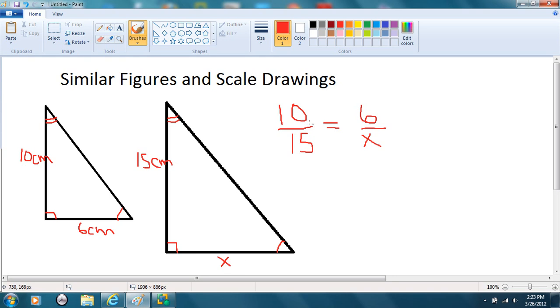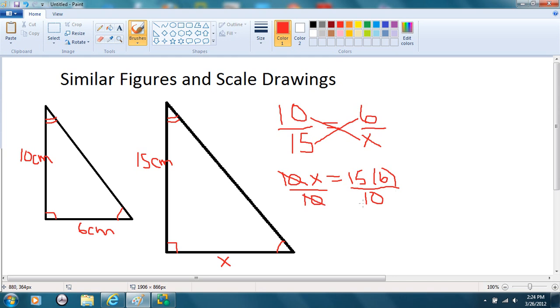I can use what we call cross products to figure this out, which we learned the other day. So I can do cross products, and I can go 10x is equal to 15 times 6. And I'm going to divide both sides by 10. I could do this ahead of time, but 15 times 6 is going to be 90 divided by 10, is 9. But I don't have to multiply the 15 by 6 first.